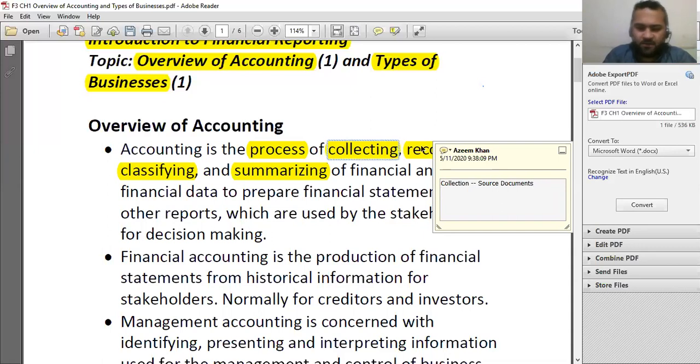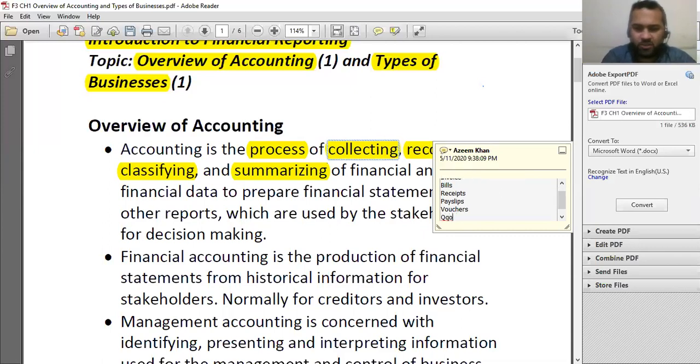A common example of source documents: we have invoices, bills, receipts. You will have pay slips. You will have vouchers. So these are different documents through which you are going to collect your financial data.